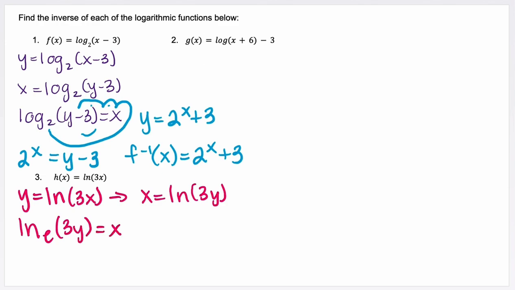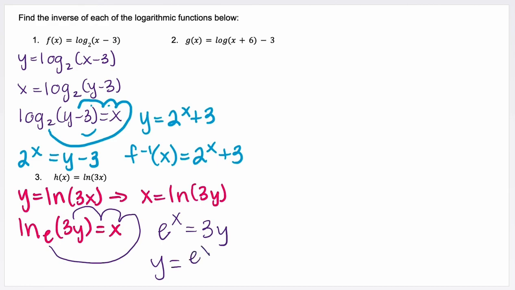And now I'm going to go ahead and convert. So I'll have e to the x equals 3y. And then to solve for y, I'm going to divide by 3. So I'll get y equals e to the x over 3. And then if I put that in inverse notation, that would be my final answer.